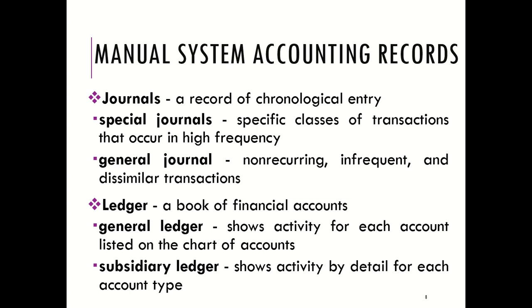Then, each of the account titles will have an equivalent ledger, at yun yung general ledger. And a subsidiary ledger naman, on the other hand, shows activity by detail for each account type. Yung subsidiary ledger is usually used for what we so-called control accounts. Examples nito would be accounts receivable o kaya naman accounts payable.